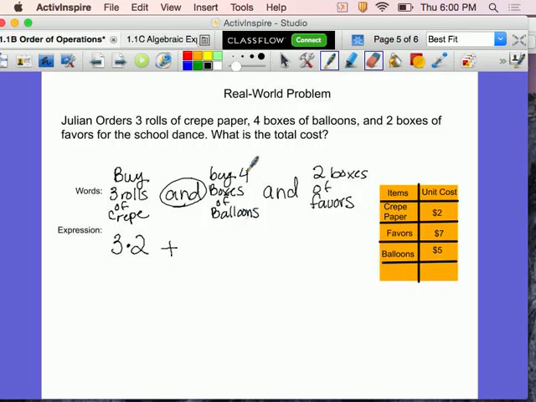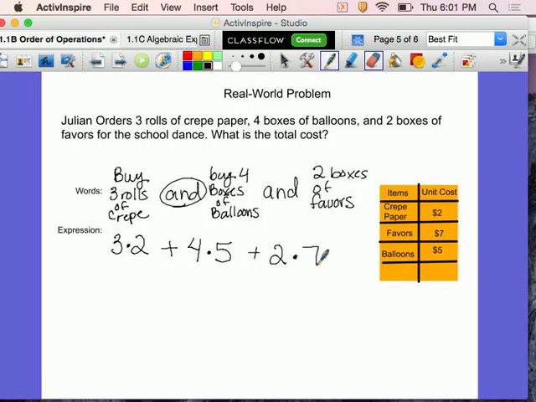So 4 times $5. And again, I'm not going to simplify yet. And then I've got 2 boxes of favors, so that would be 2 times favors are $7. Now I've written one expression for the entire problem.